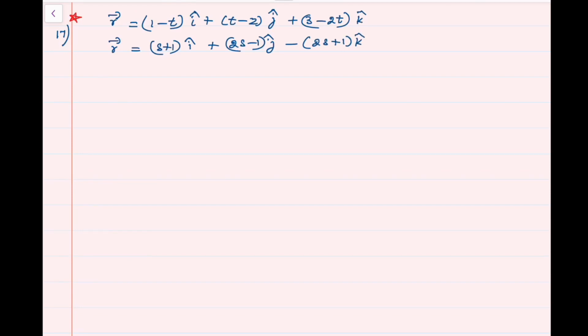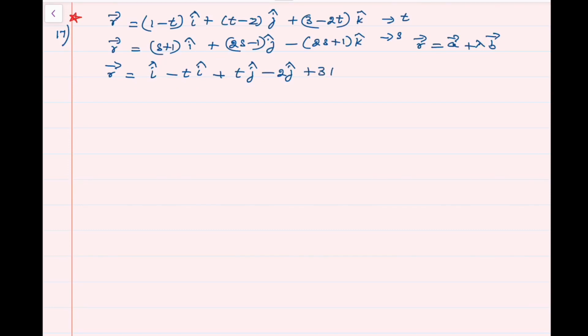The vector equation of a line is in the form vector r is equal to vector a plus lambda times vector b. These are not in the standard form. In the first equation, the scalar is t. In the second, it is s. Let us open the brackets and write vector r is equal to i minus ti plus tj minus 2j plus 3k minus 2tk.